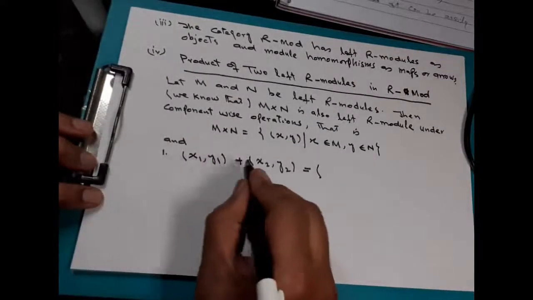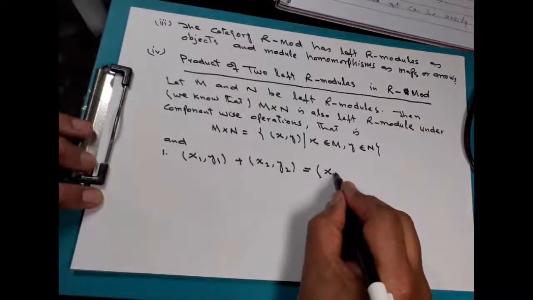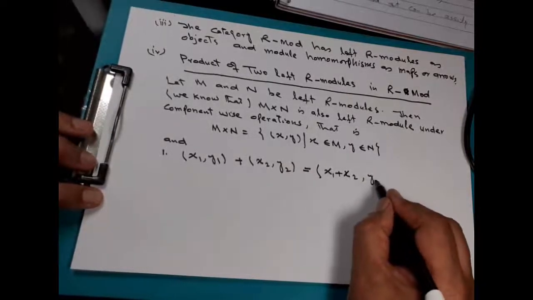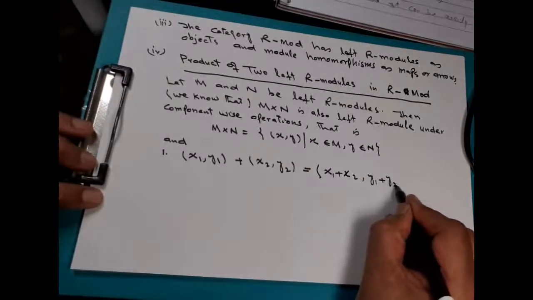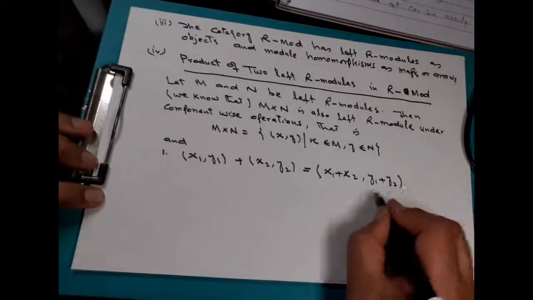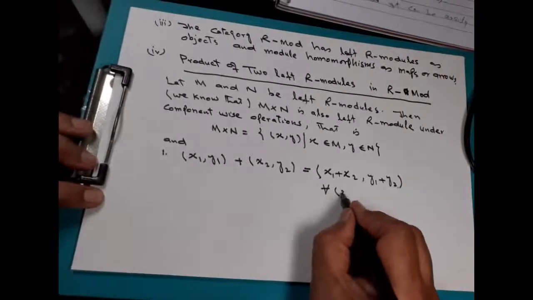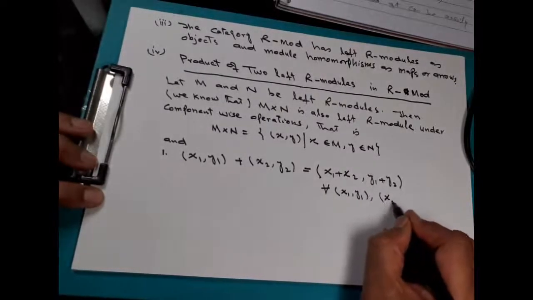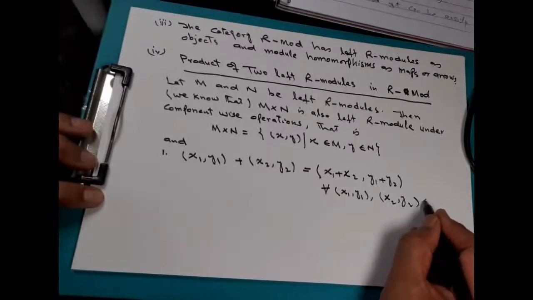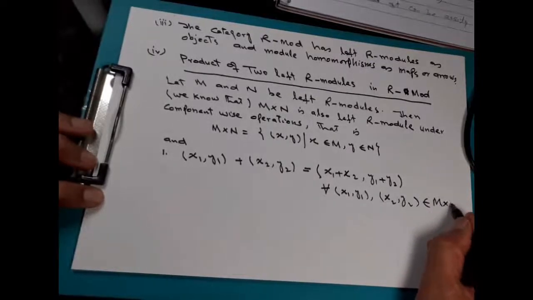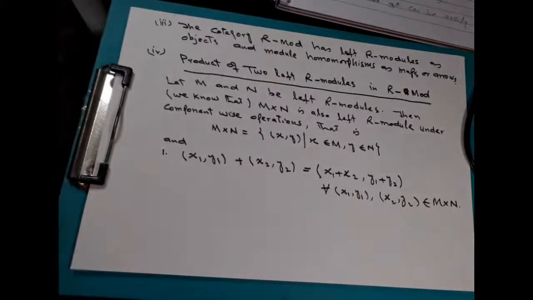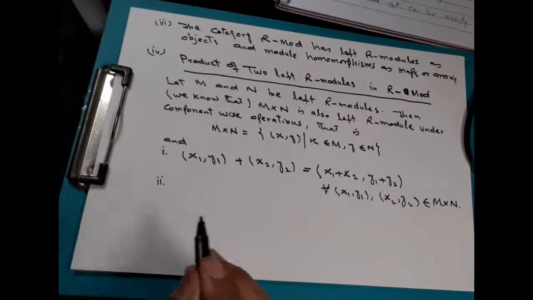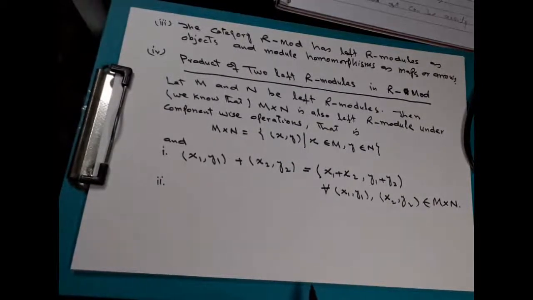That is, first component added with first component and second component added with second component. And this is for all (x1, y1) and (x2, y2) belonging to M cross N. So this is addition defined on M cross N.